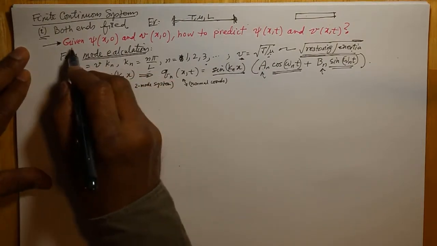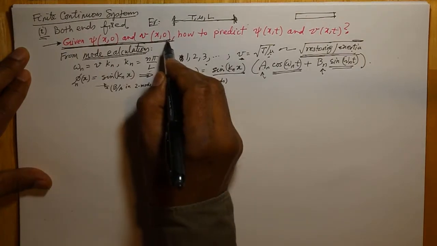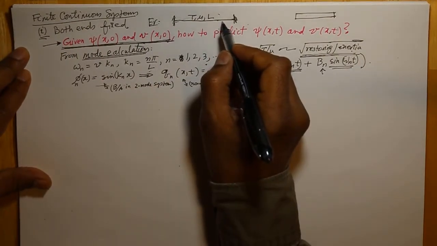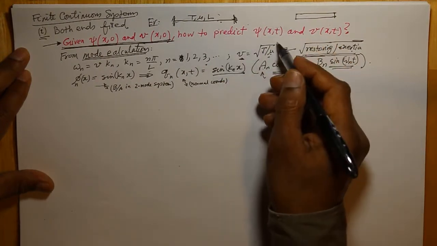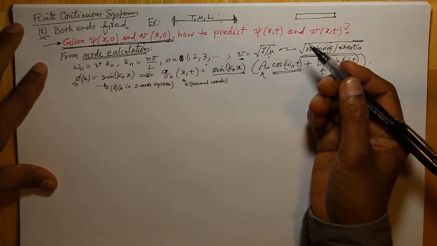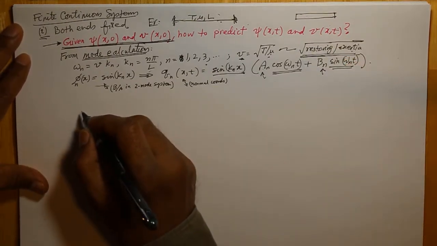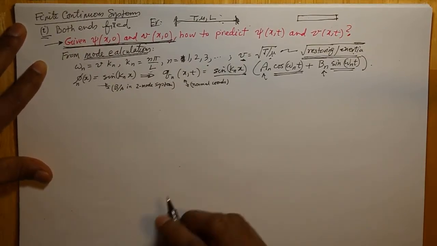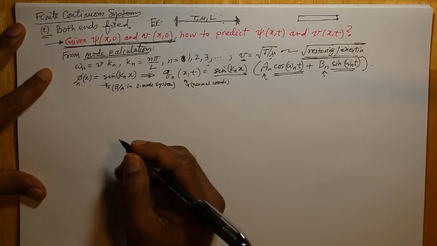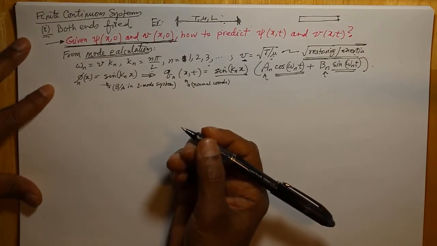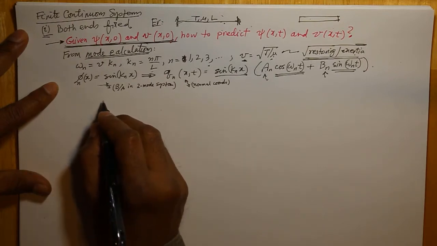This is the physical question: I start out my string in a particular way. What the string will do at some other time, that's what I want to predict, so I can go out and test it in my experiment. Okay, so we use what is called superposition, and that's what the Fourier series does.